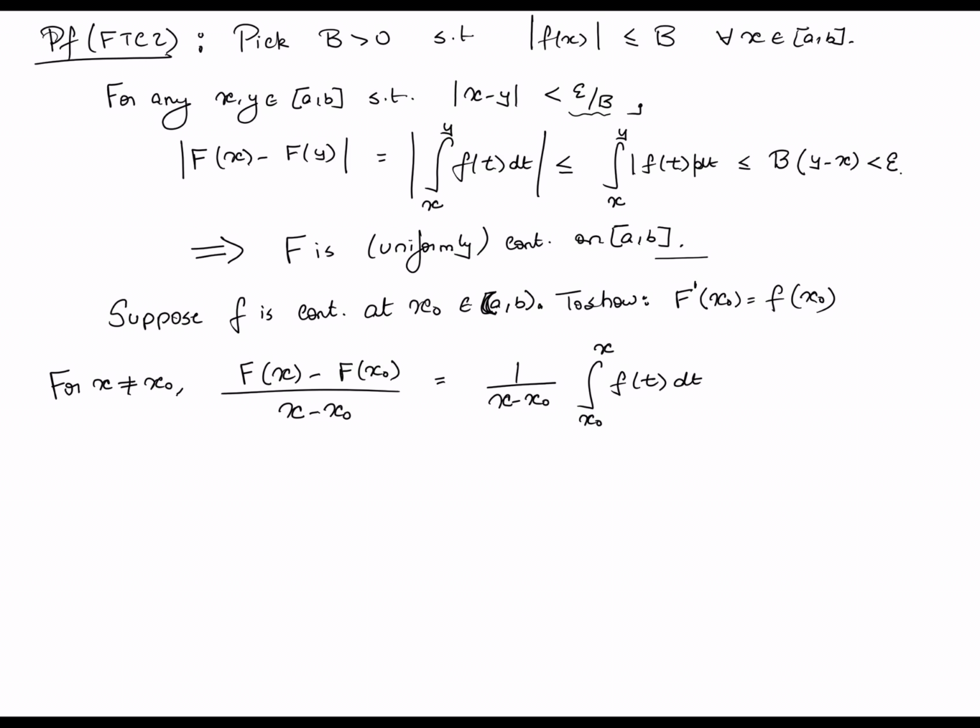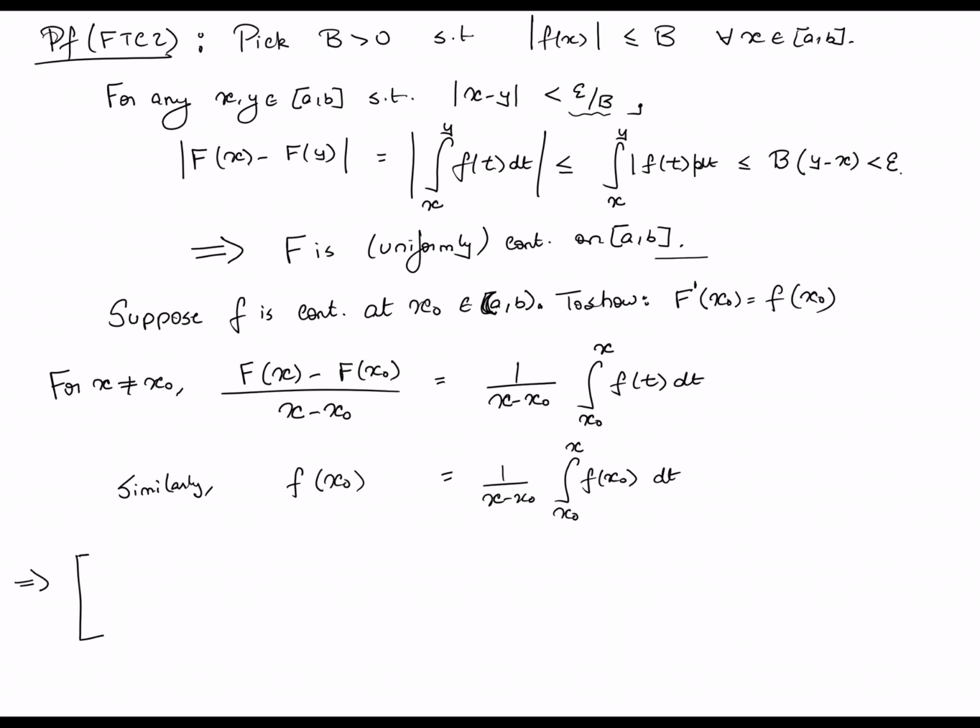Okay, so for this I'm also going to write, similarly, if I look at f of x naught, I can trivially write this as 1 by x minus x naught times the integral from x naught to x of the constant f of x naught dt. Okay, so using these, let's consider now the difference between the two.